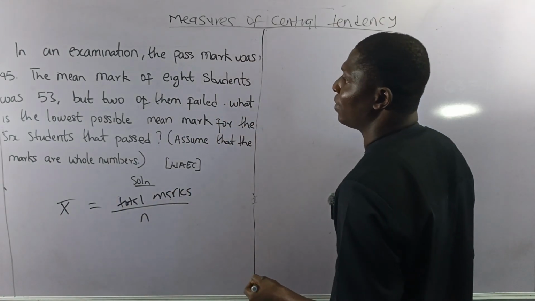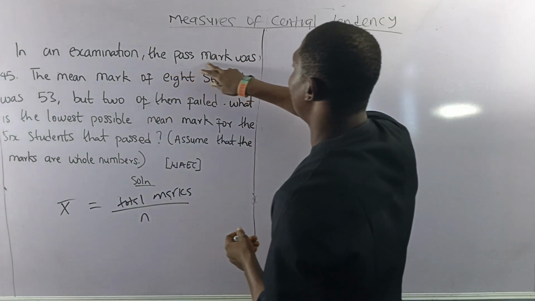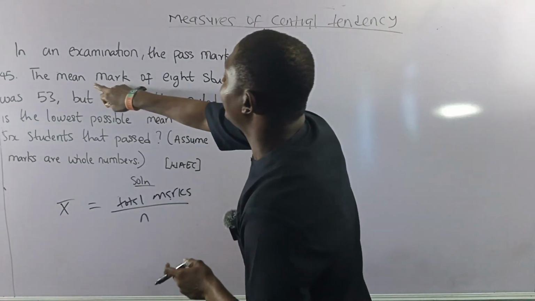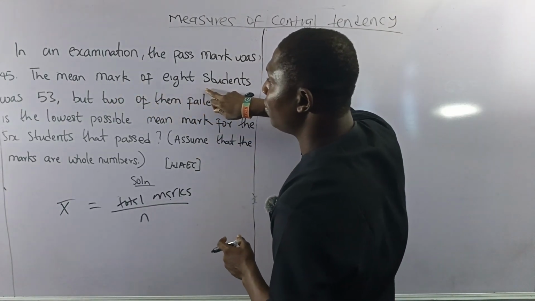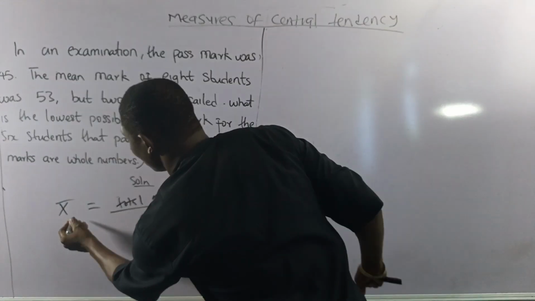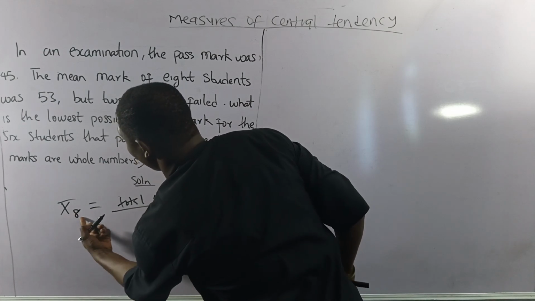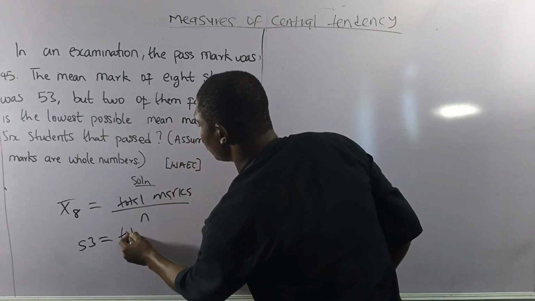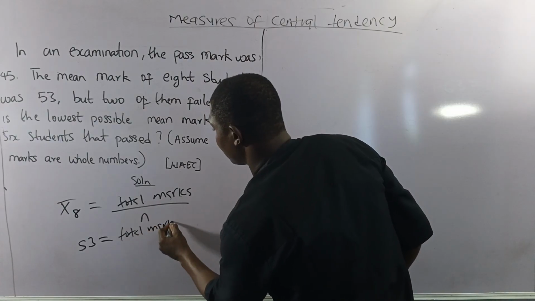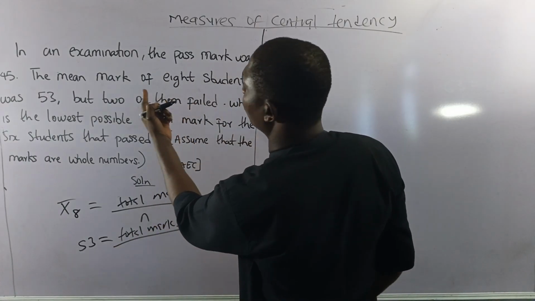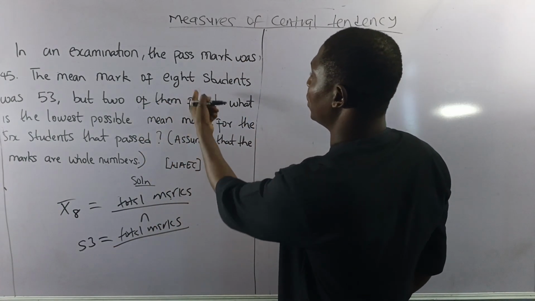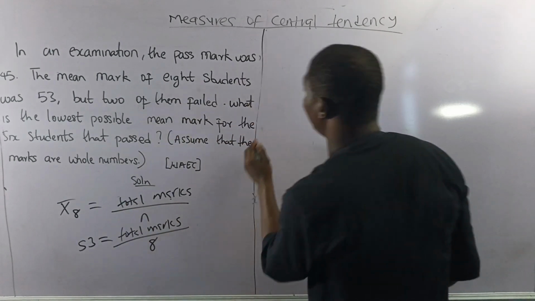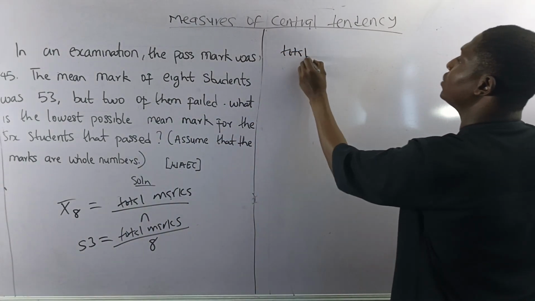So the mean, which is S bar. They said in an examination, the pass mark is 45. The mean mark of 8 students was 53. So the mean of 8 students is 53, which equals total marks all over the number of students, which is given as 8.